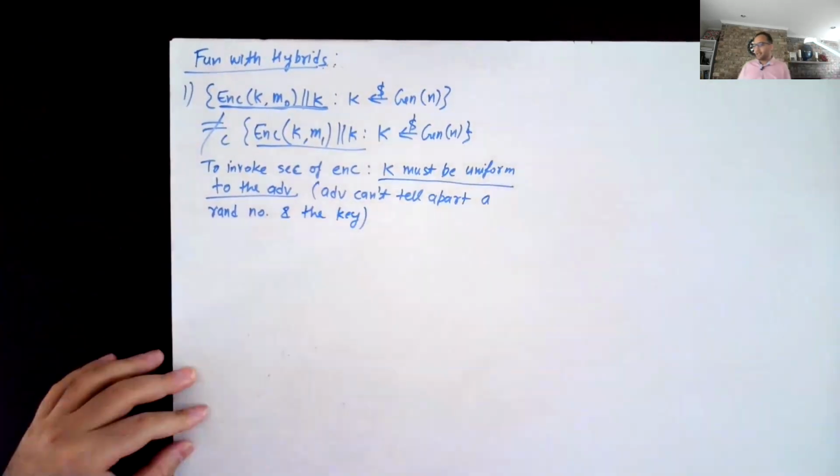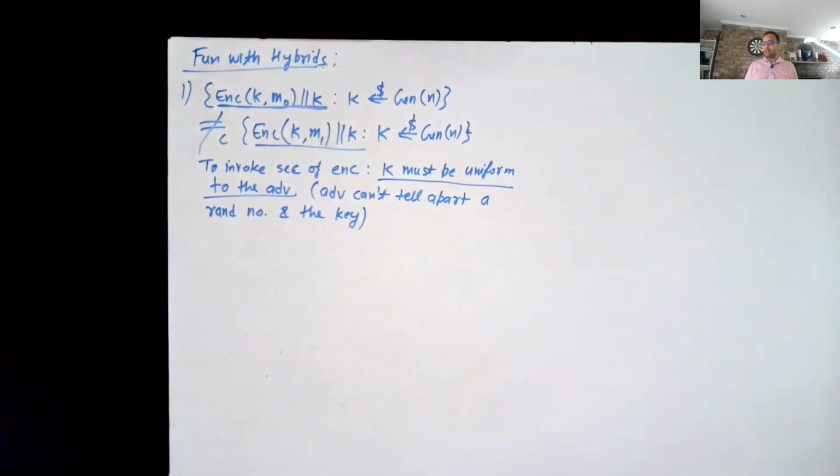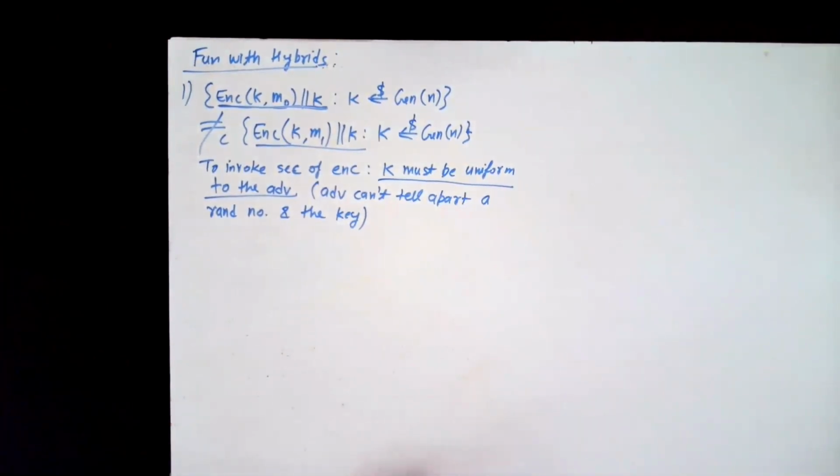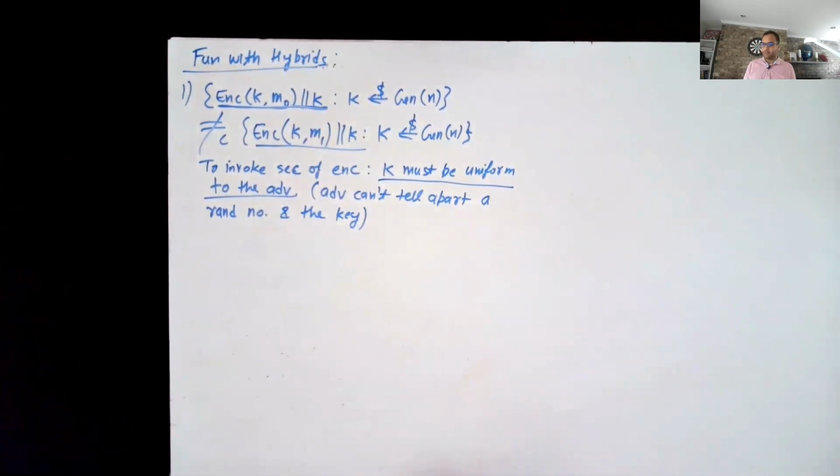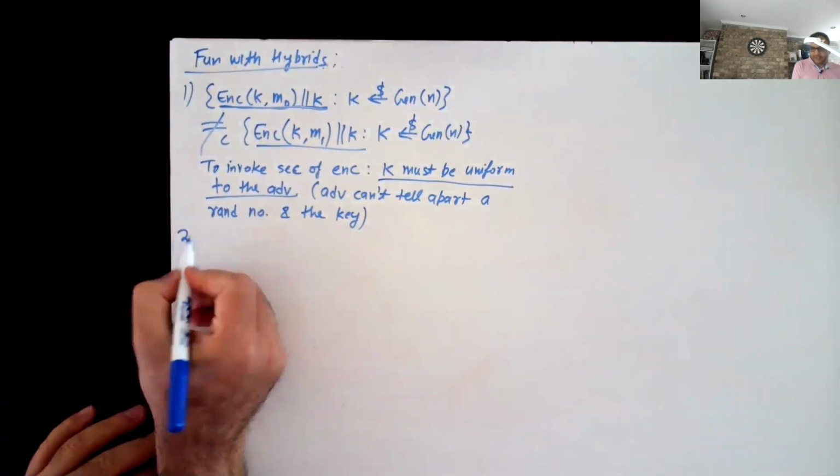Okay, and as long as this condition is satisfied, you can invoke the hybrid argument. But here, because you just put the key as part of the output which the adversary sees, the key is no longer uniform to the adversary, and hence this hybrid argument is wrong, right? Let's go to another hybrid argument.